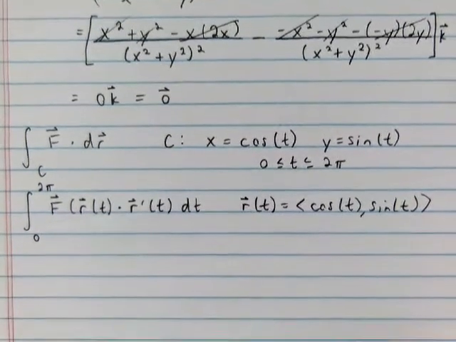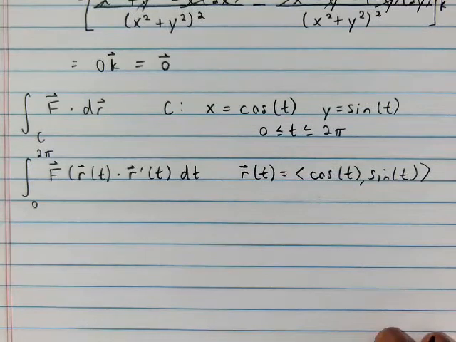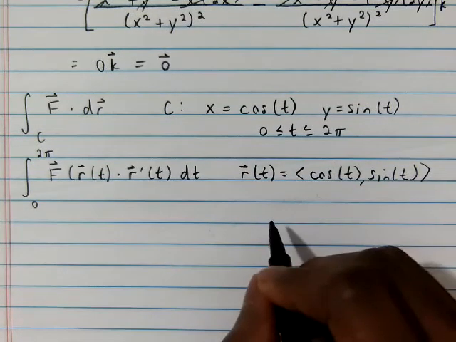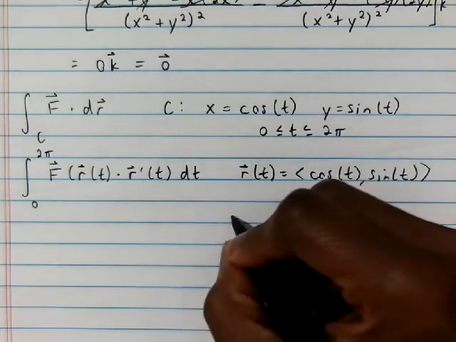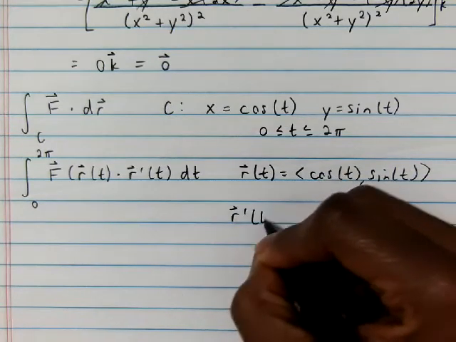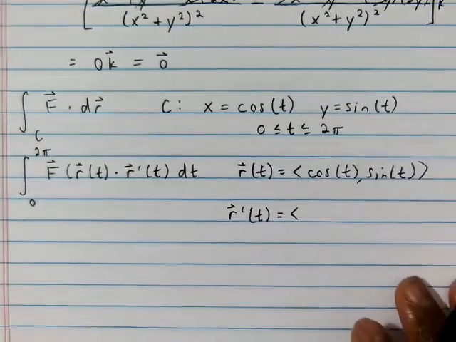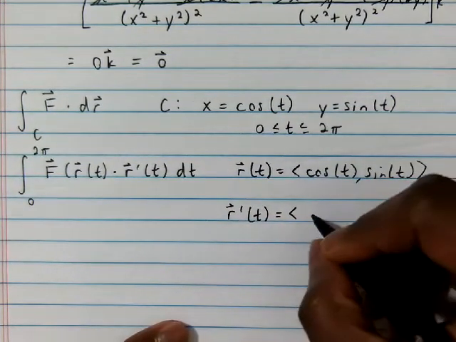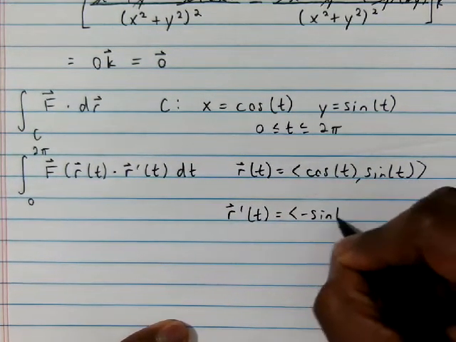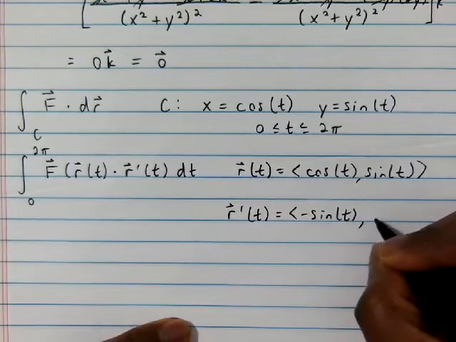Now our r prime of t, we'll go ahead and find that now. R prime of t equals negative sine t comma cosine t.